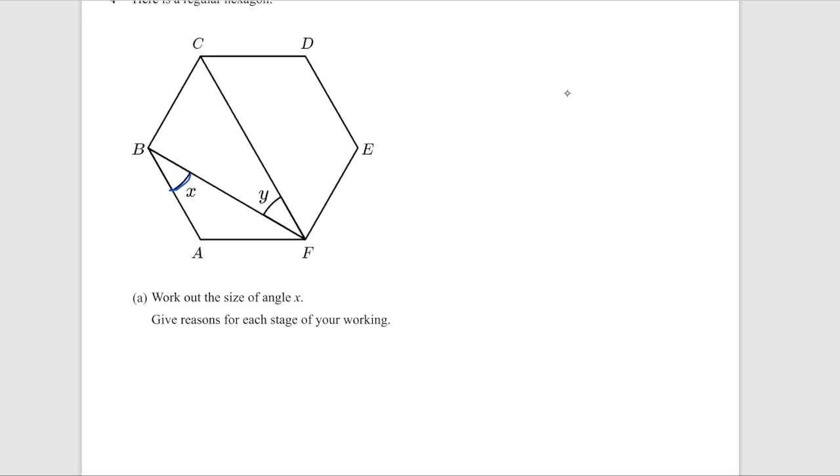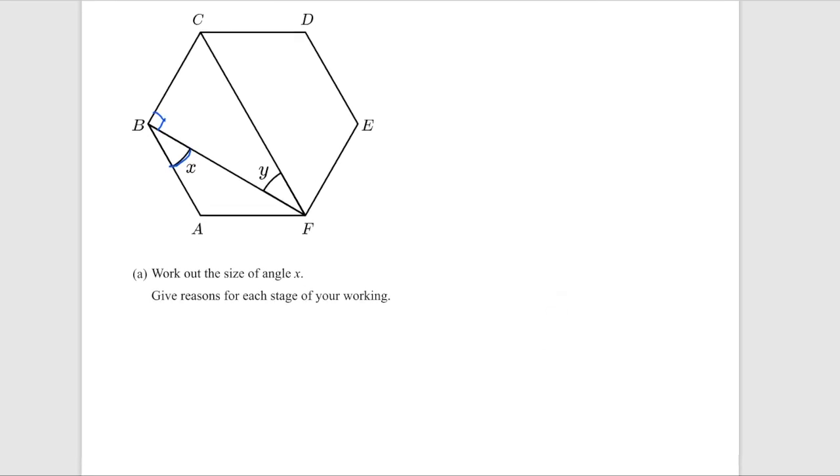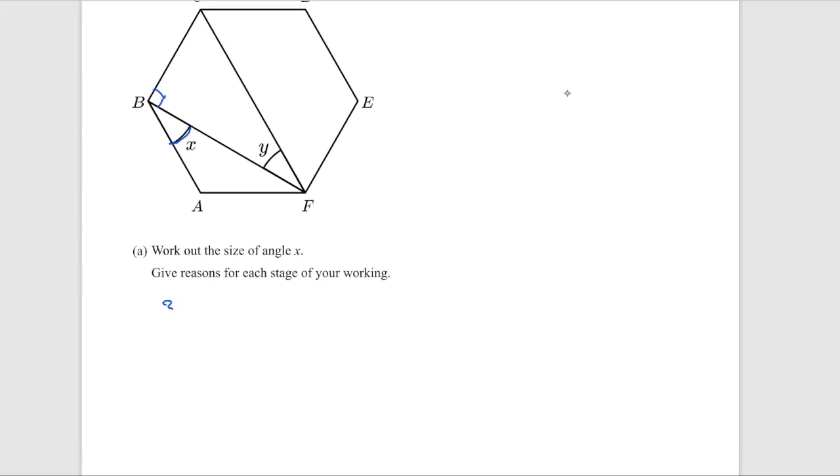So I am going to say that is a 90-degree angle, and then that is the internal angle. So I'm going to do the internal angle, take away 90 degrees. I'm going to do that by saying 360 divided by 6 is equal to 60 degrees. So that would be the external angle.